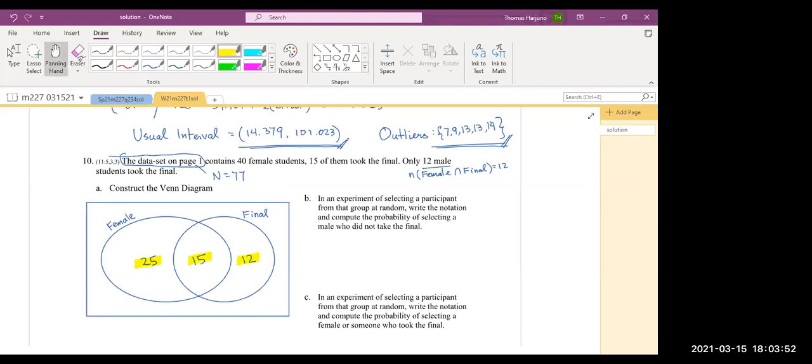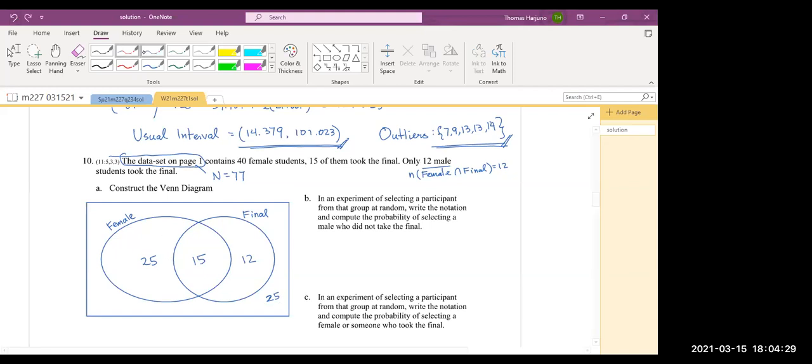So 77 minus 52 is 25. So to make it up to 77, there are 25 students. What do these 25 students represent? They are the males who did not take the final. It just happened that this 25 is the same as that 25.